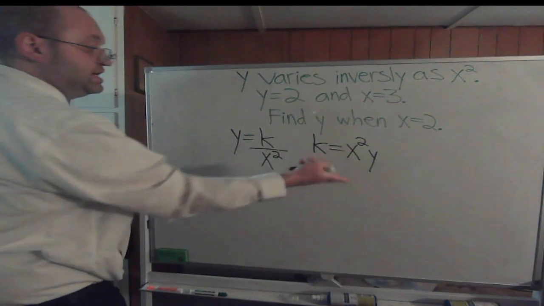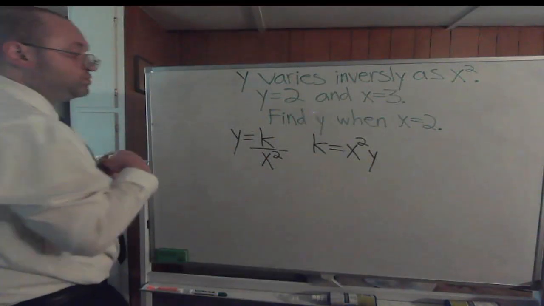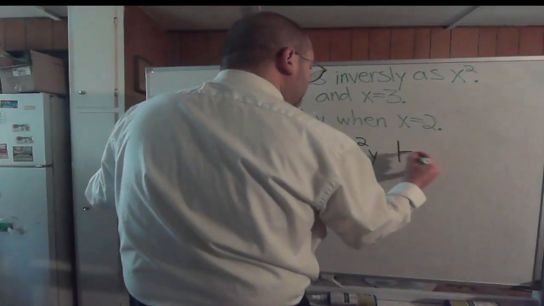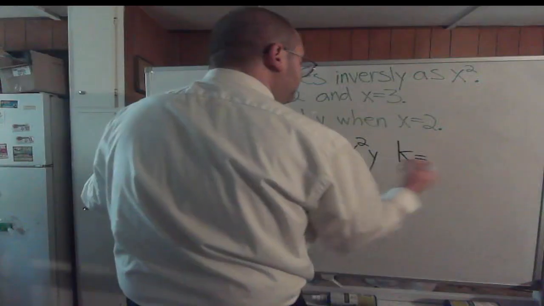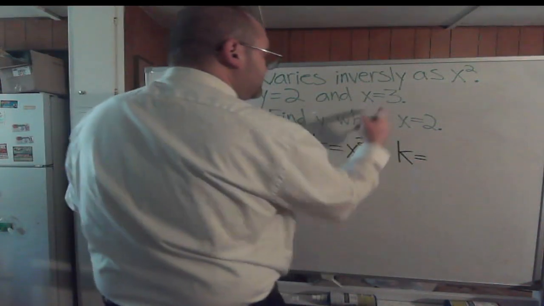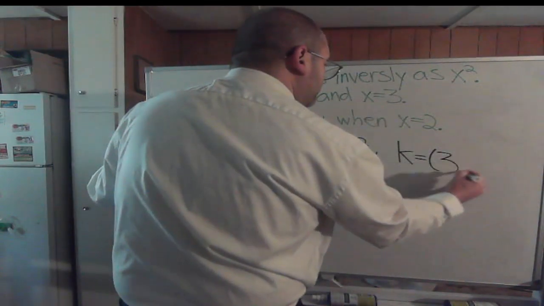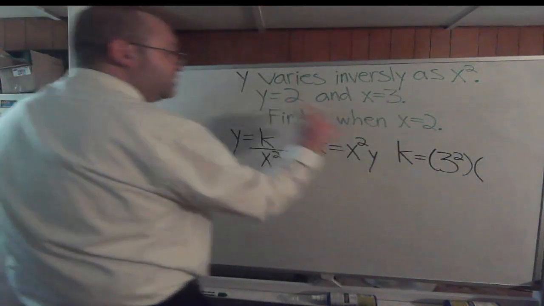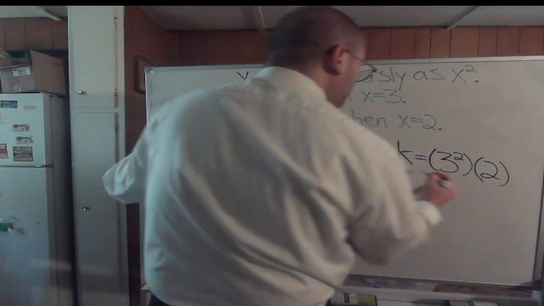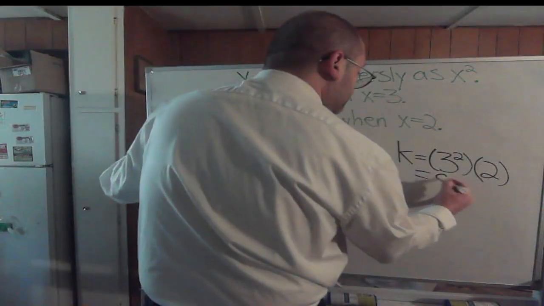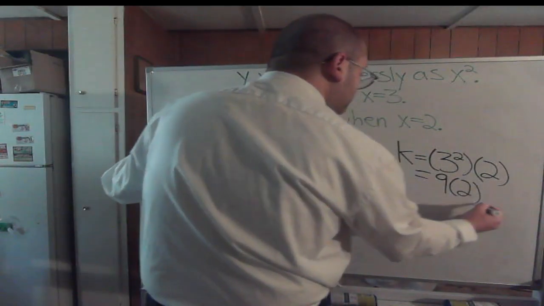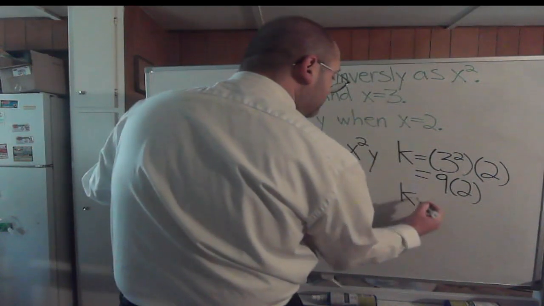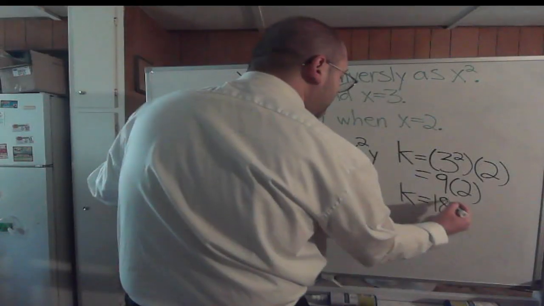Now to solve for the constant of variation, just plug your x and y values in. K will equal that x value of 3 to the second power times your y value of 2. Well, we know 3 to the second power is 9, so you'll take 9 times 2, which means your constant of variation k is 18.